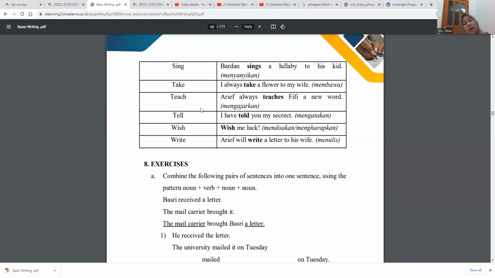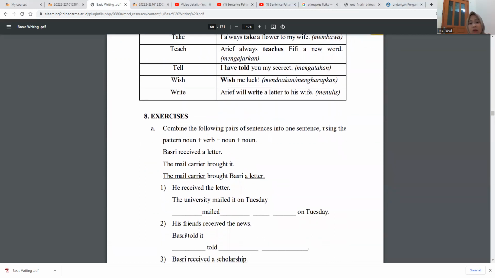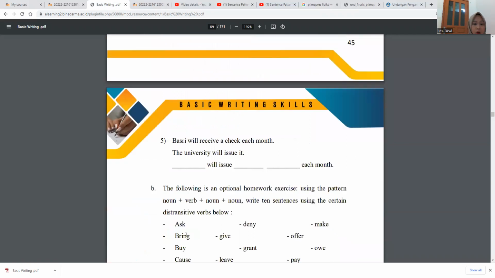So you can create many sentences actually by using the transitive verbs with two objects, yeah, especially by using certain transitive verbs. Okay, as for your exercises, please do this.